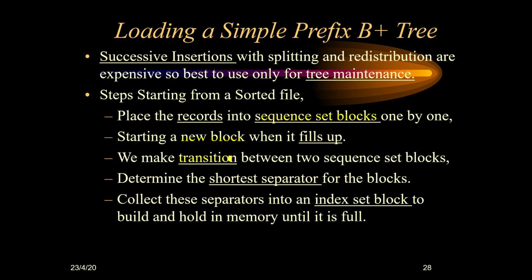When we do the transition, we need to find the shortest separator, as we have already seen. The shortest separator is found, and it has to be loaded into my index set blocks, which are used for building the simple prefix B+ tree. These are the main steps for loading a sorted file into a simple prefix B+ tree.